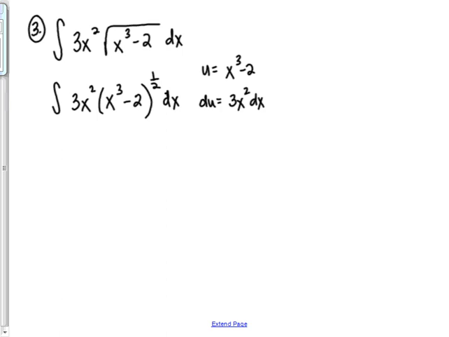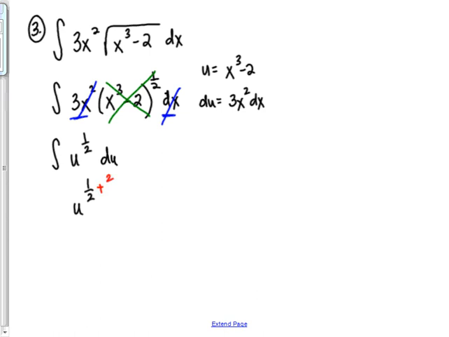Okay, so let's do our replacement. We're taking out this as u to the 1/2. Now I need du. du is 3x squared dx. Do I have that? Yeah, here's 3x squared dx. So then that knocks out as du. And then let's do our power rule.